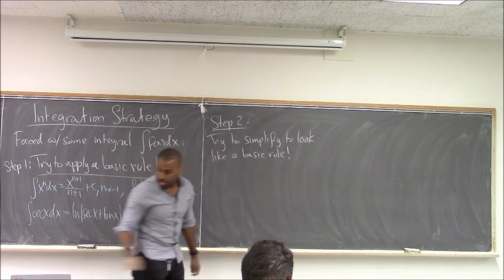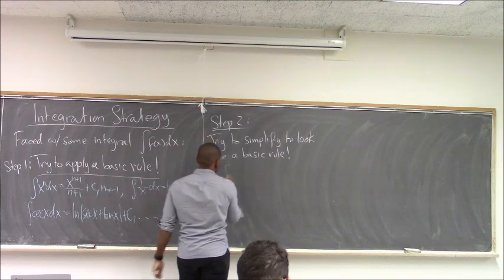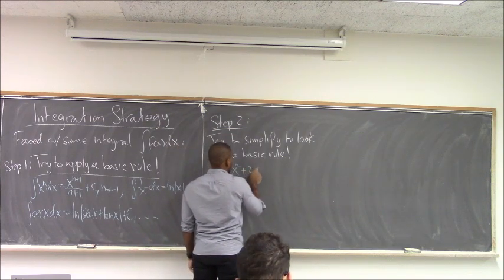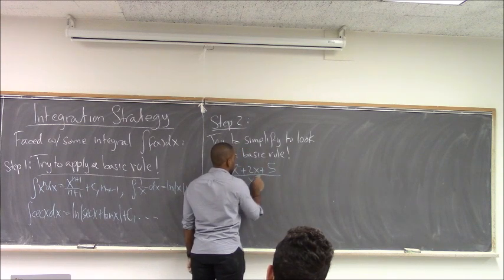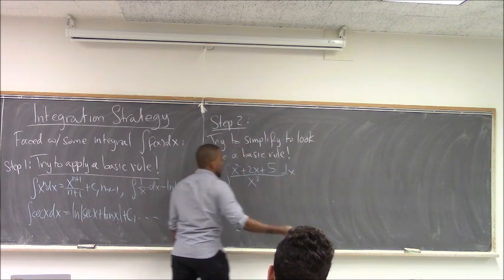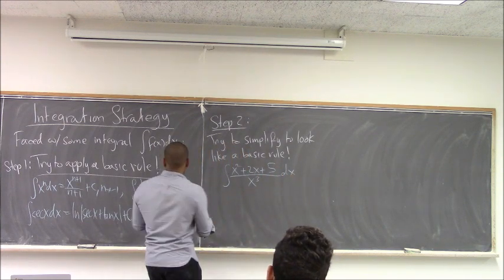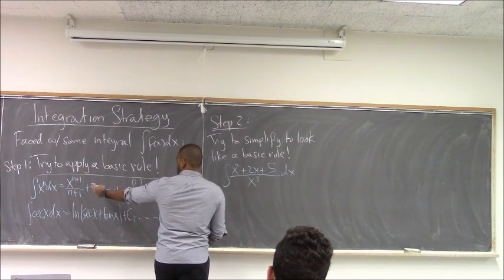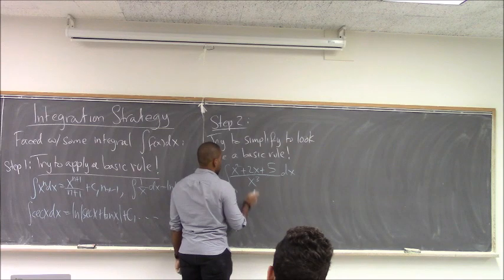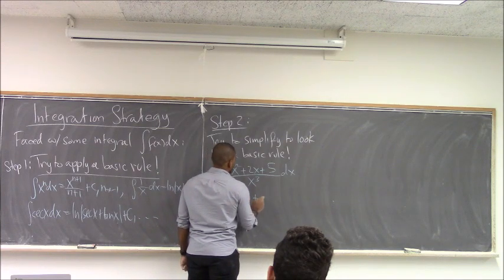Right? So, random example there: x squared plus 2x plus 5 over x cubed. Right, so the idea is, well, that doesn't quite look like one of these guys, but I can easily get it to look like the rule over here by just dividing everyone by x cubed.